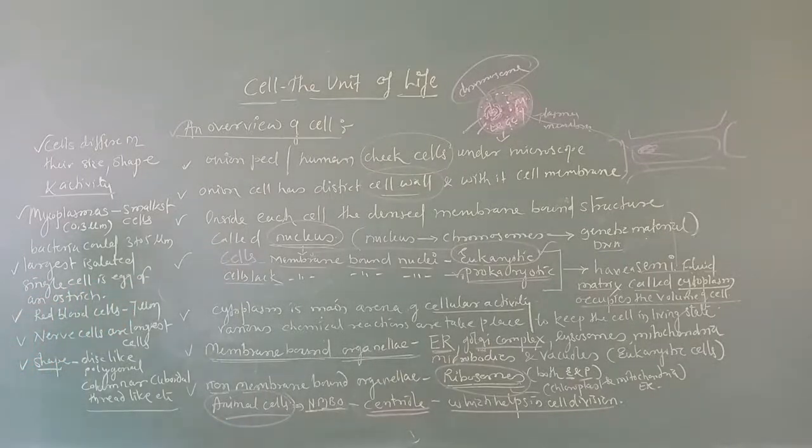These things can be asked as 1 mark questions in your current examination. Name the smallest cell of an organism: mycoplasma, and the largest isolated single cell is the egg of an ostrich.